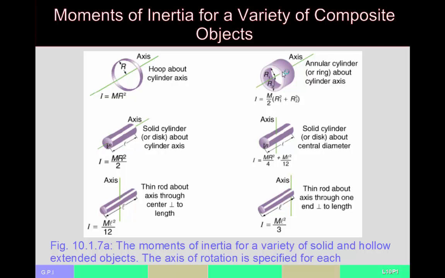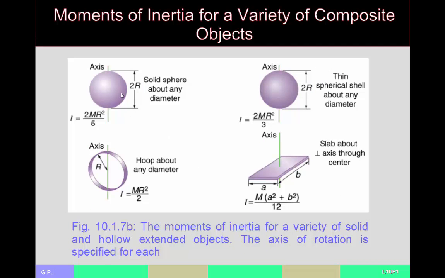If you have an annular cylinder, that's basically a ring that has an inner and outer edge and some actual thickness, then it becomes 1/2 times the mass times the sum of the squares of these two radii, and so on. So here are some balls. Here's another hoop with some diameter that's spinning about the axis that is passing through the edges instead of through the center.